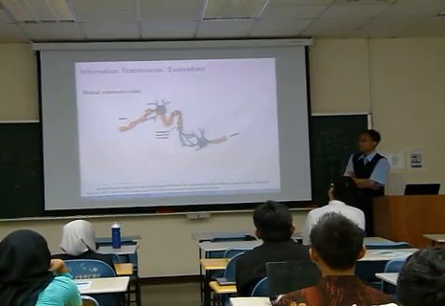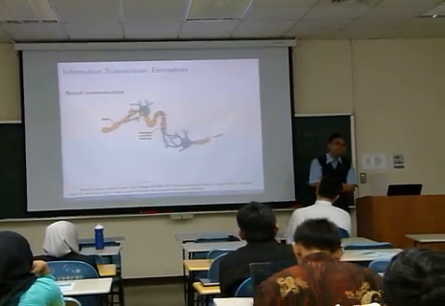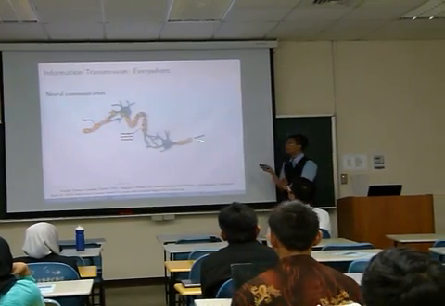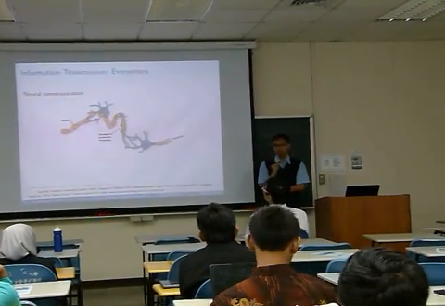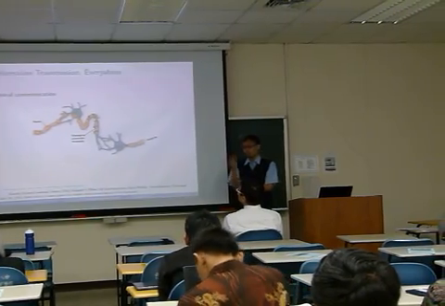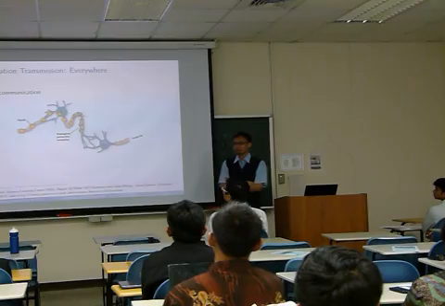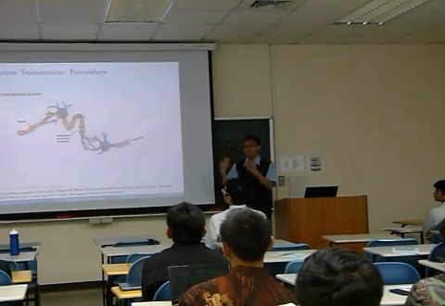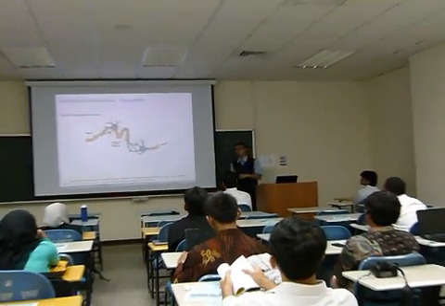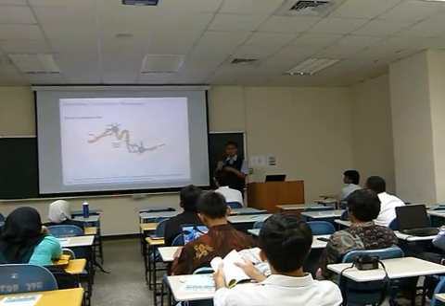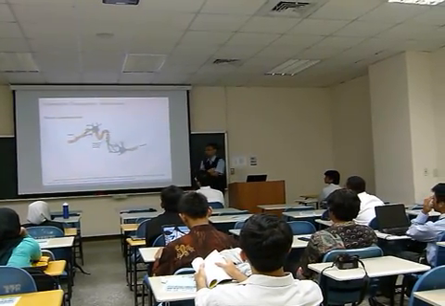Another example that you might not realize is the neural system. When someone slaps your face, for example, you feel it hurt, right? Because a message is transmitted from the skin to the brain, so that the brain can tell whether it's hurting or not.